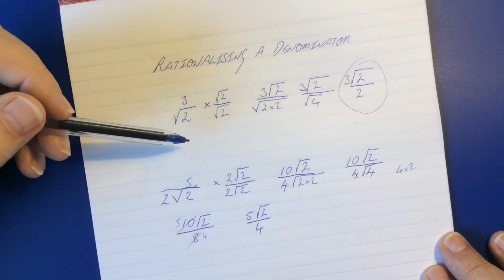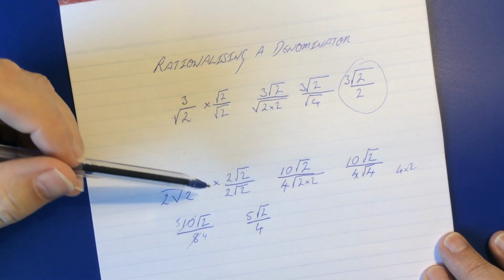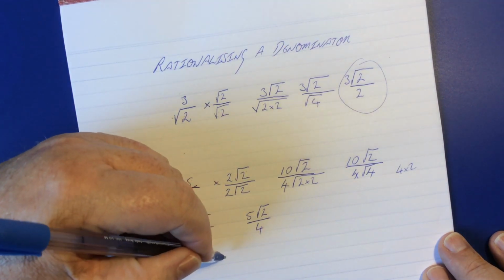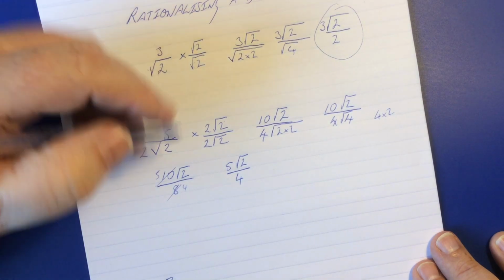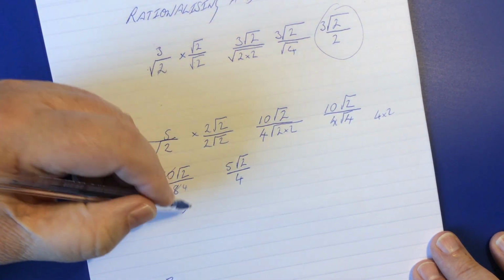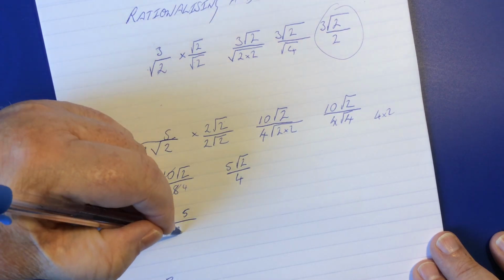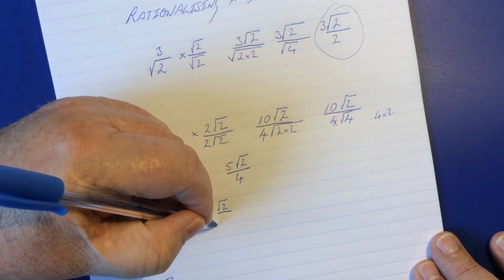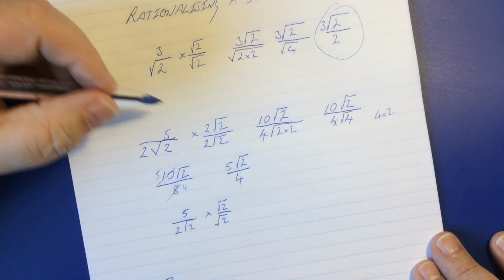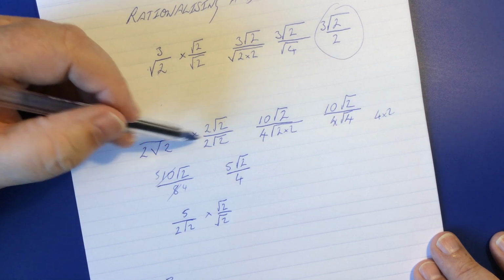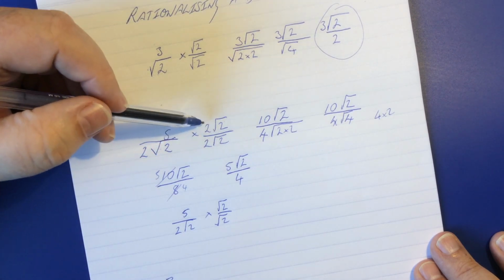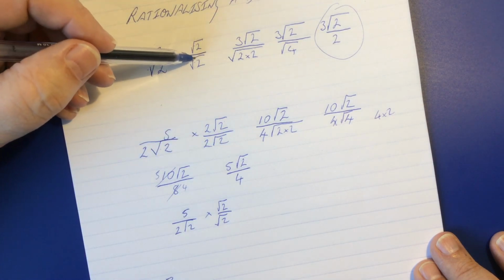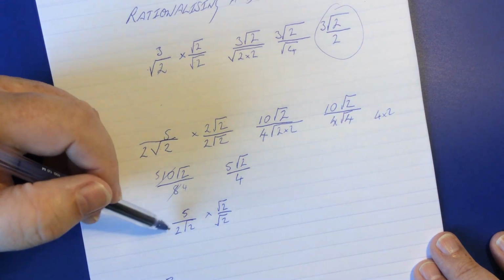A slightly faster way would have been to not include these 2's. So I'll just do that quickly. So what was it? 5 on 2 root 2. And I'm going to multiply that by root 2 on root 2. So basically the only thing we're interested in doing is getting rid of this surd. I simply did it this way because there was a degree of continuity with the first one. But here's the quick way of doing this.